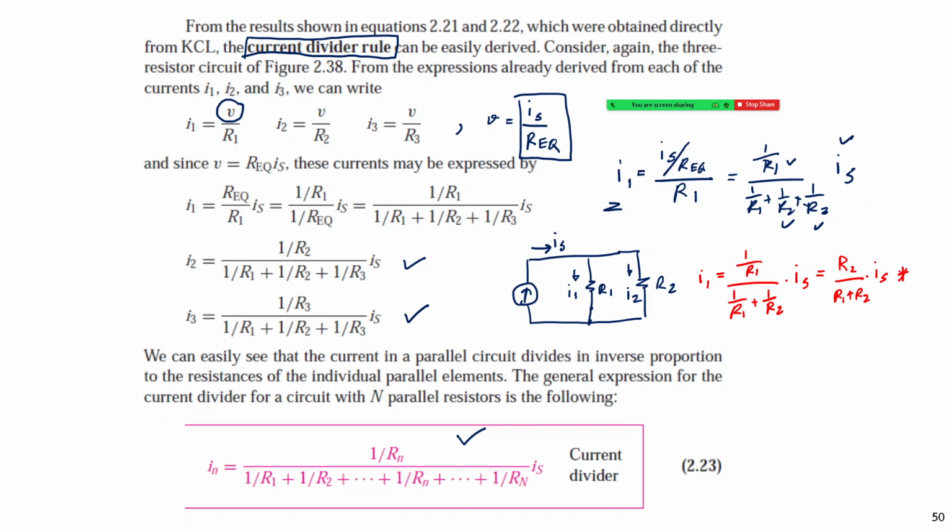You can compute I1 from this formula. Similarly, I2 can be computed by R1 divided by R1 plus R2 and Is. And this is the current divider rule or current division rule.